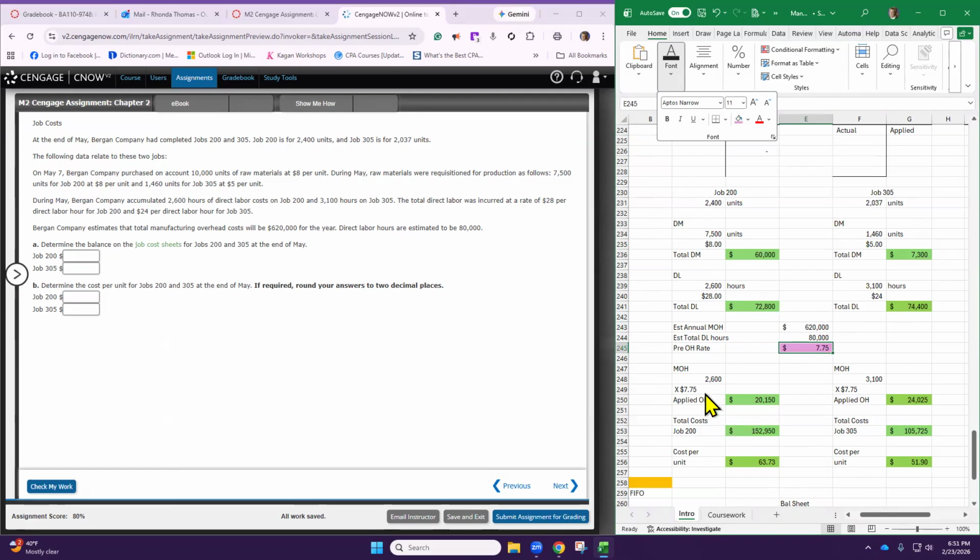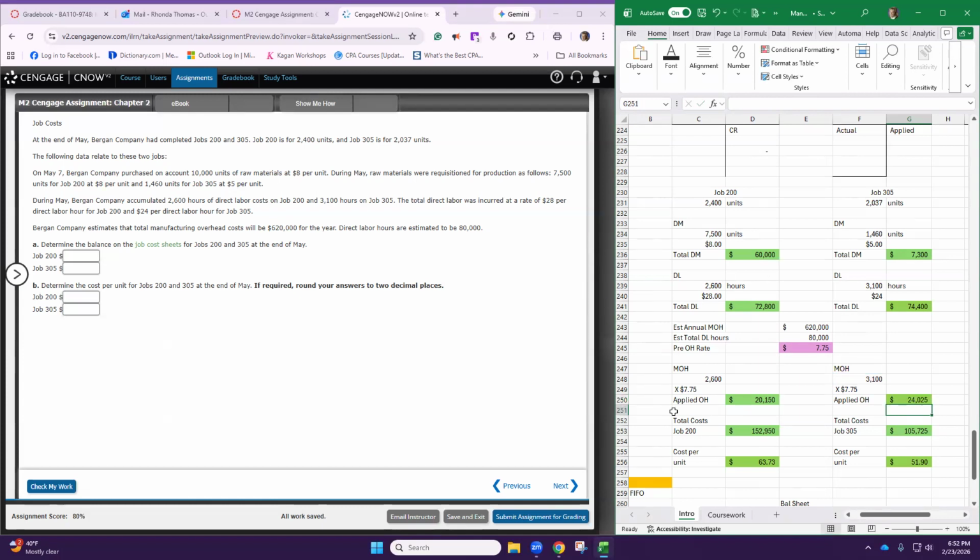So now what we're going to do is take 2,600 times 775. So this is the amount of overhead applied to job 200. This is the amount of overhead applied to 3,100 hours.